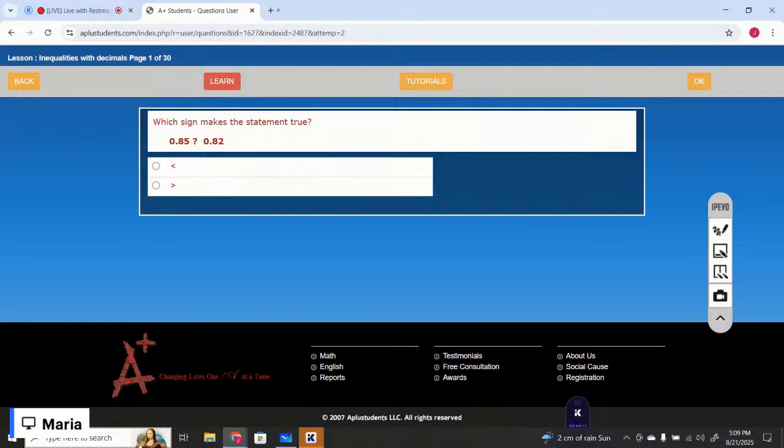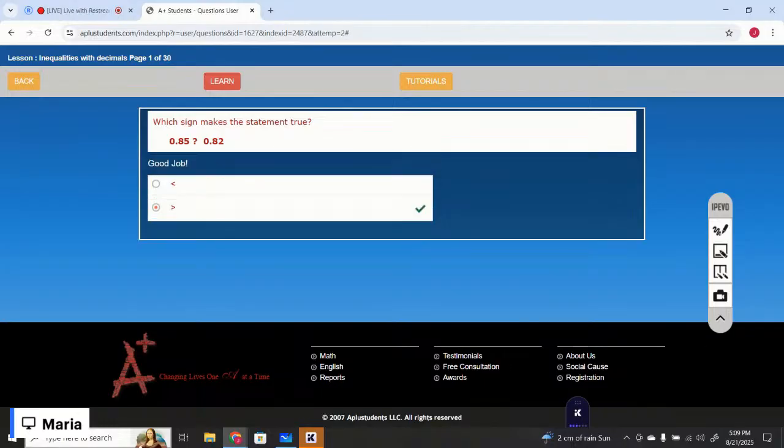That is, 0.85 is greater than 0.82. Option number 2 is the correct option. Greater it is.